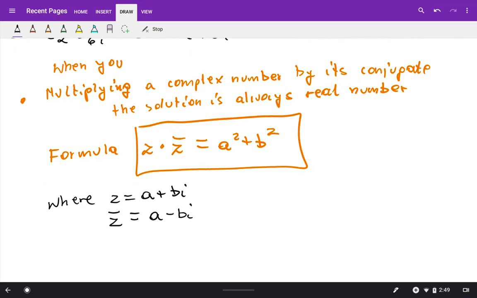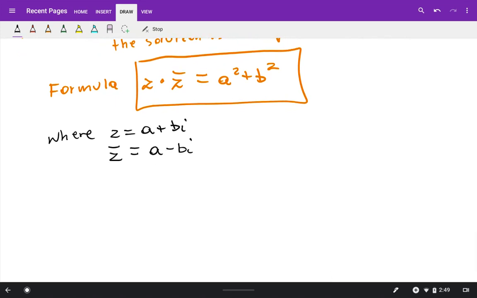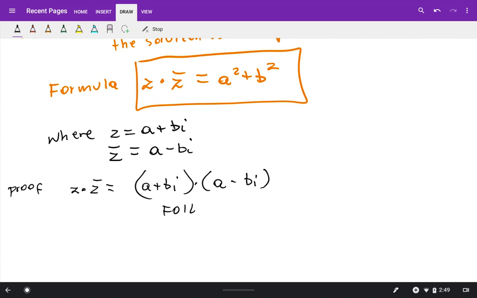Okay, and I quickly want to prove why you can use that formula. So let me just show you that complex times conjugate, a plus bi times a minus bi. This is the proof. Technically, without using the formula, you will need to FOIL. So I multiply a by a, that will give you a squared. Then a times negative bi will give you negative abi. Then I will multiply bi times a, which is the same as abi.